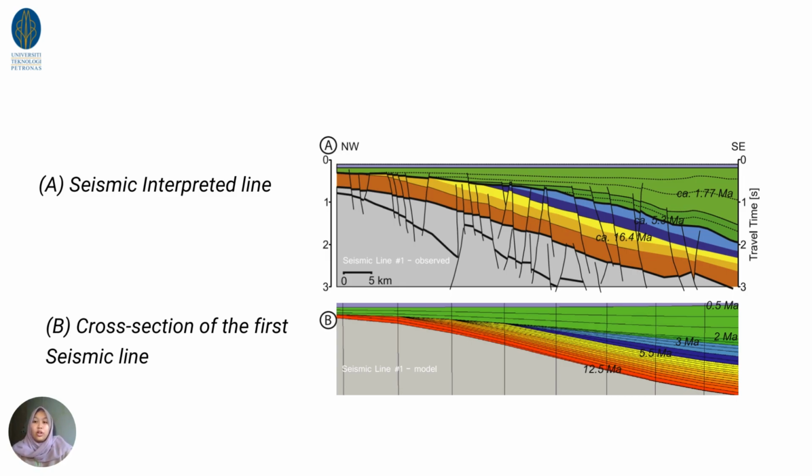A is a seismic interpreted line, and B is the cross-section of the first seismic line, where you can see the movement of faults, and also the flow of the syn-wave, post-wave, and the passive margin are visible in the seismic line interpretation here.